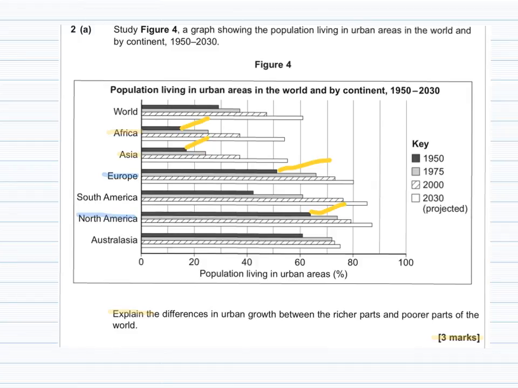And then compare it to how much there is now. So again, there is still more in the MEDC kind of continents. But saying that, the amount it has increased is much greater in Africa and Asia. So for example, in Asia, say that was 18, let's go with 2000 there.